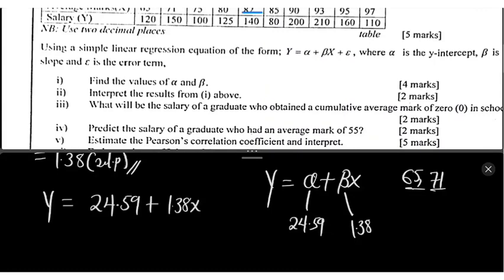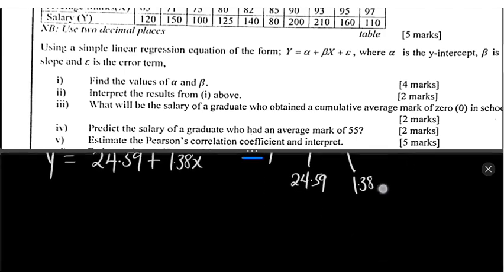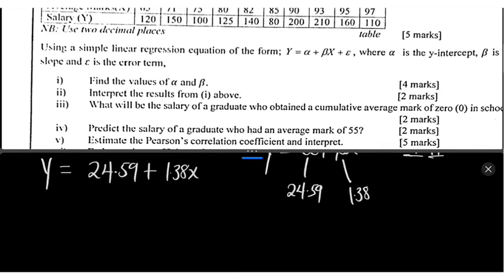Then we are asked to calculate or find what would be the salary of a graduate who obtains a cumulative average mark of 0 in school. So here, at x equal to 0, what is y? That's going to be the question mark.